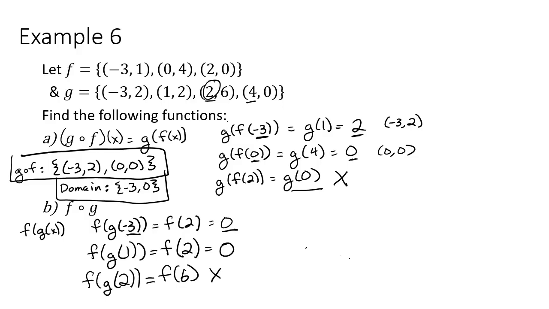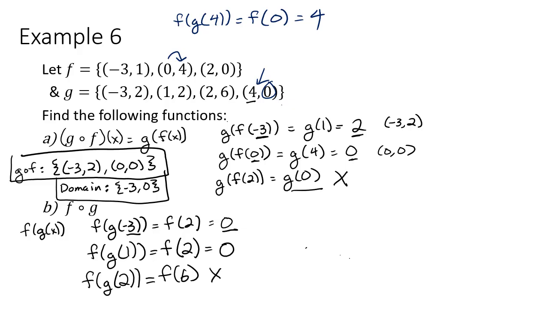And then we've got one more to go. I'll do that one at the top of the screen. So we've got f of g of 4. G of 4 would be 0. And then f of 0 would be 4. So that one did work.